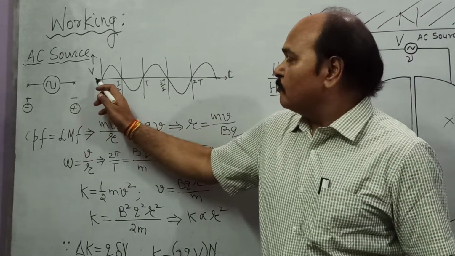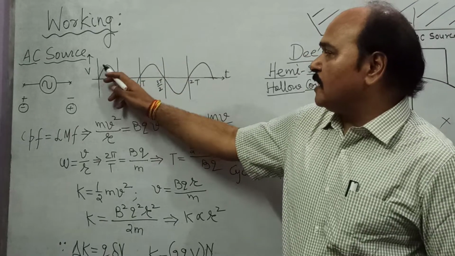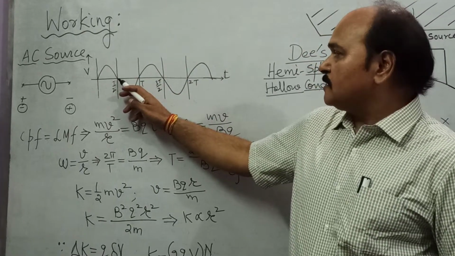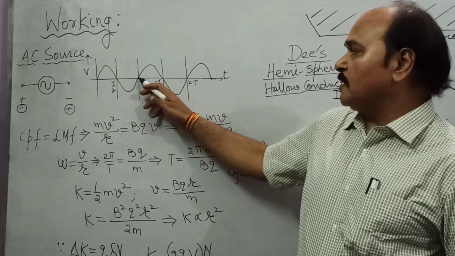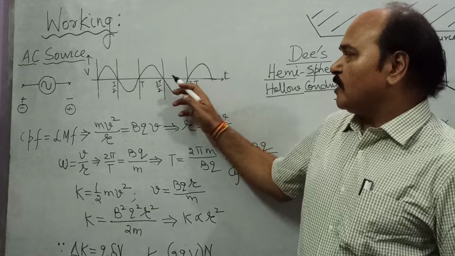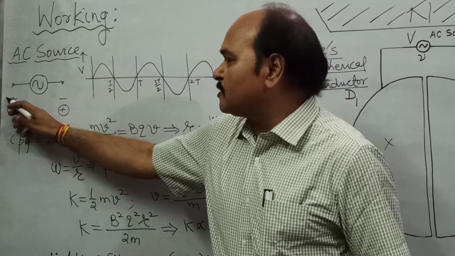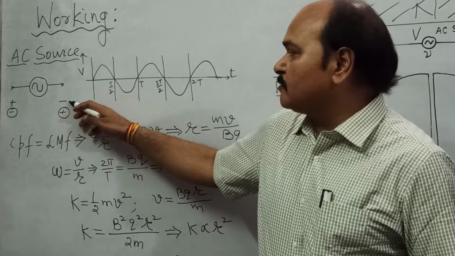What is the meaning of such variations? See, this is one half of the alternating voltage. This is the next half. Again the first half and then the next half. In one half, one terminal of the source is positive and the other terminal is negative.